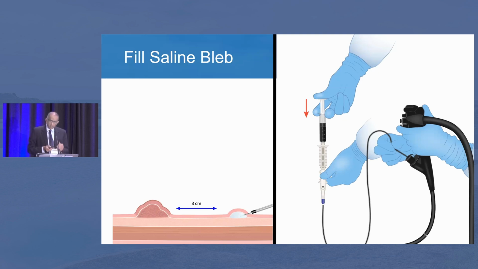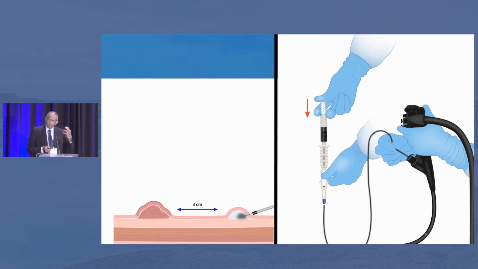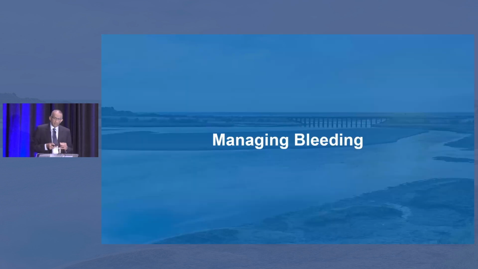I create a saline bleb first, and then I continue the injection, which will fill the saline bleb with the tattoo. So that if your injection doesn't go in, you are not likely to mess up the whole lumen. So I try to do this so that you have a clean tattoo placement.